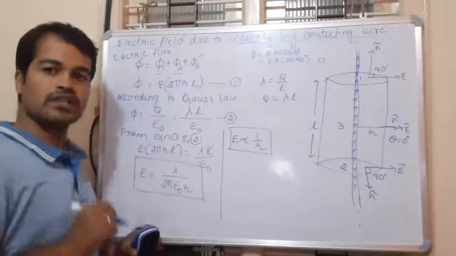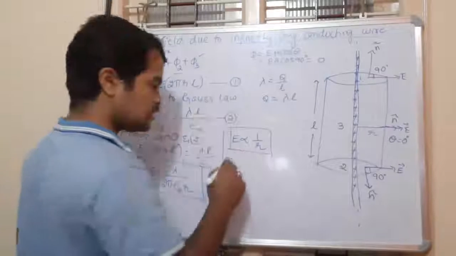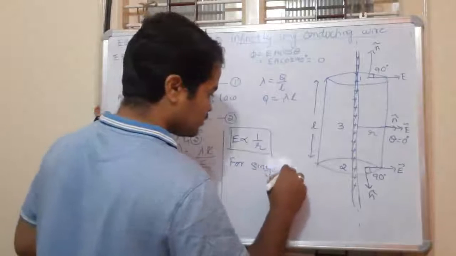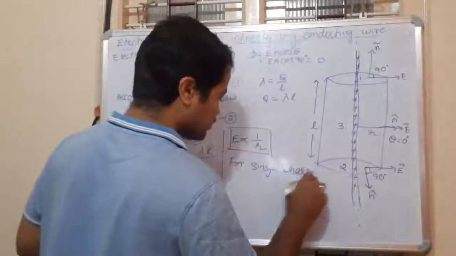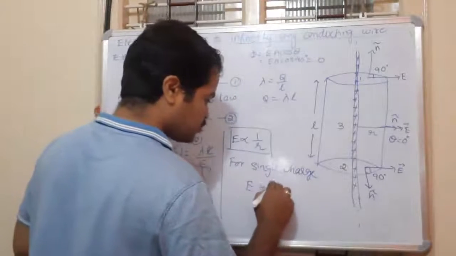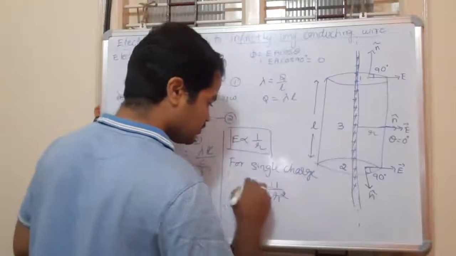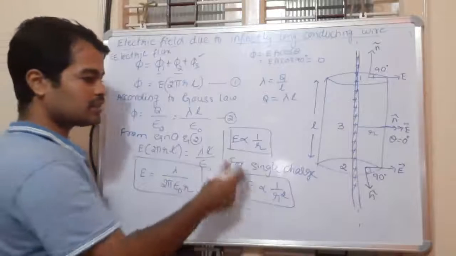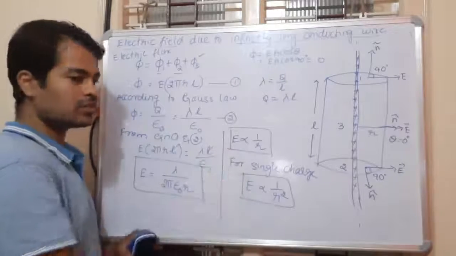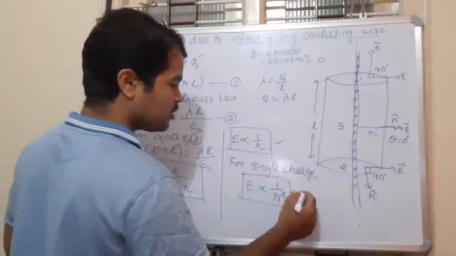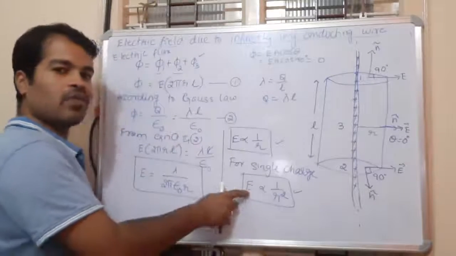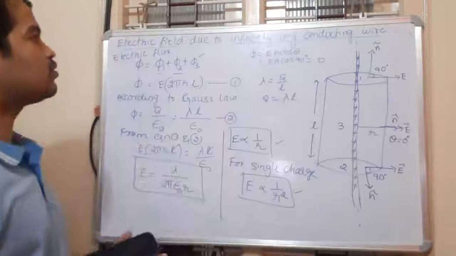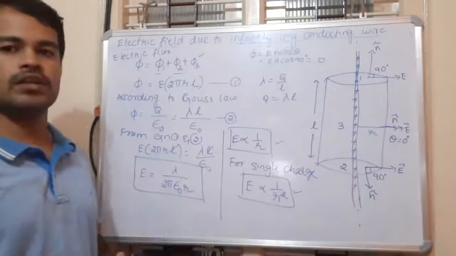But when you take a single charge, do you remember what we got? Electric field is proportional to 1 by r square. Okay, difference is there. We need to make a note of these two. Here is 1 by r, here is 1 by r square, meaning here it will fall more slowly compared to the single charge. So this is the electric field due to an infinitely long conducting wire.